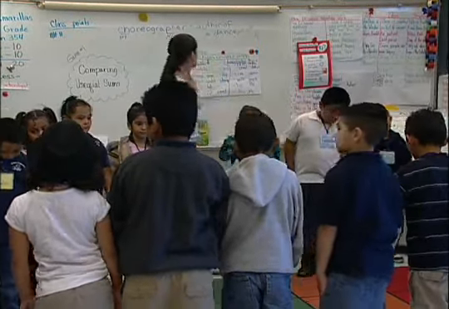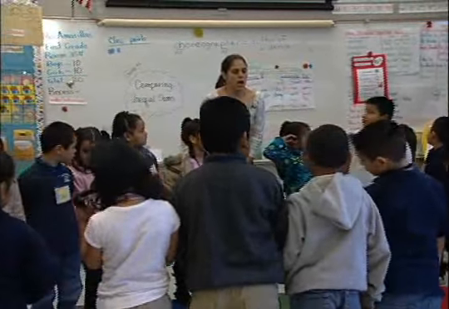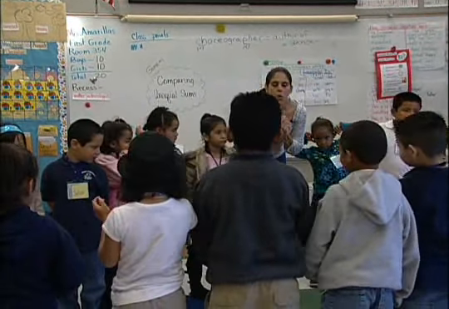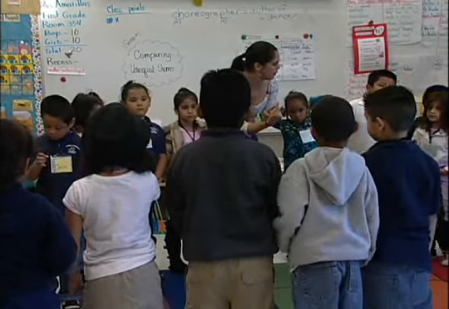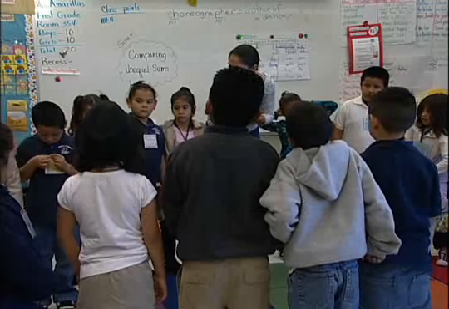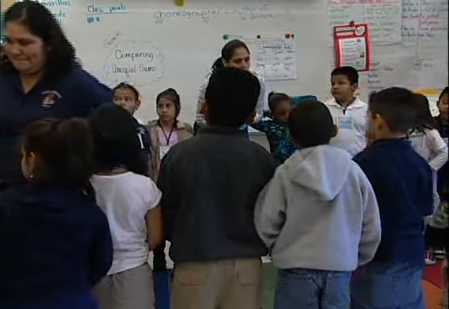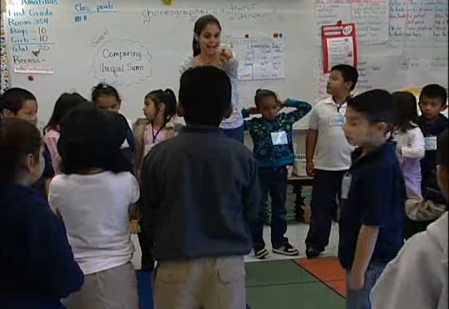Okay. I'm going to try my last move, moving away and moving together. Closer and apart, okay? How would it look for us to move away from each other? What would we do? Step. That's right, step back.